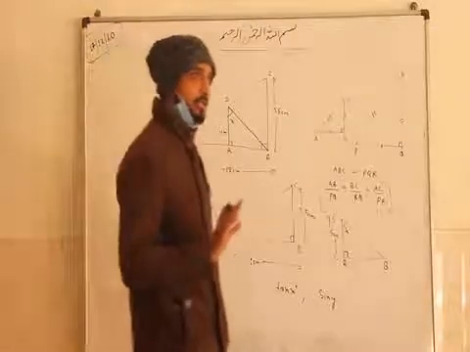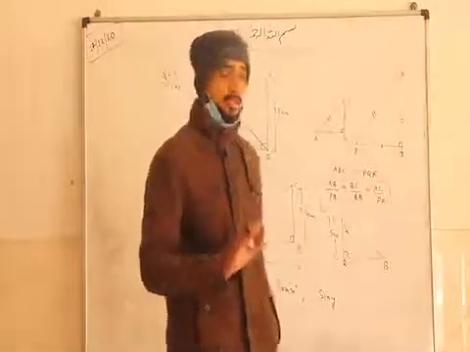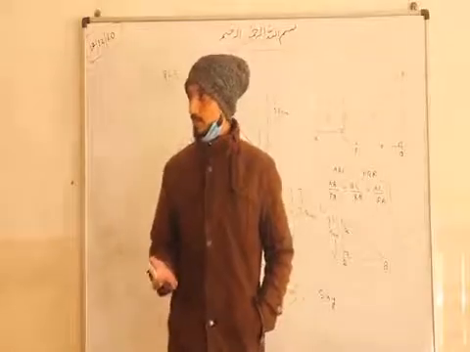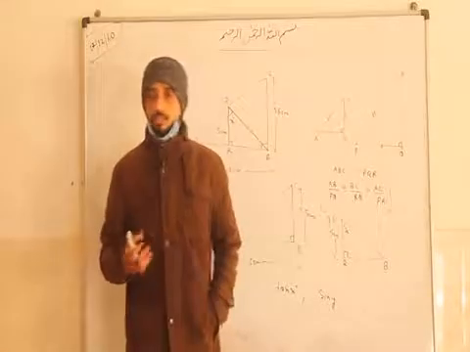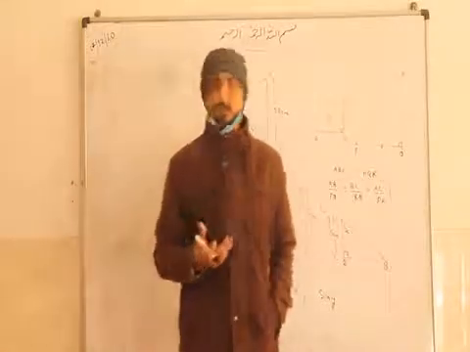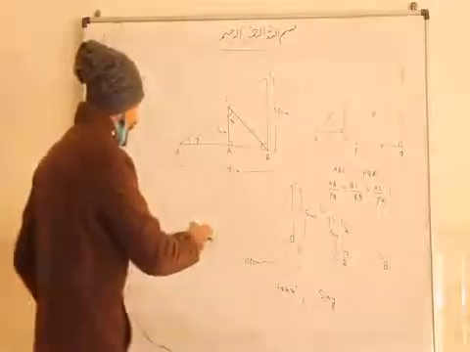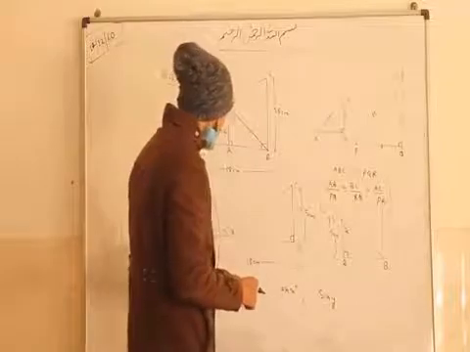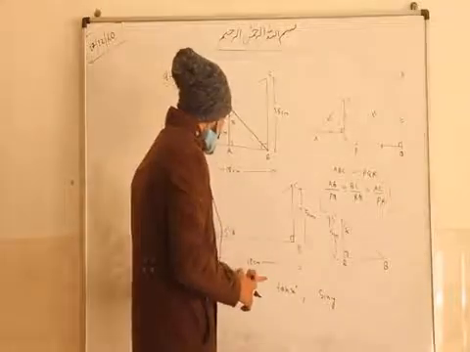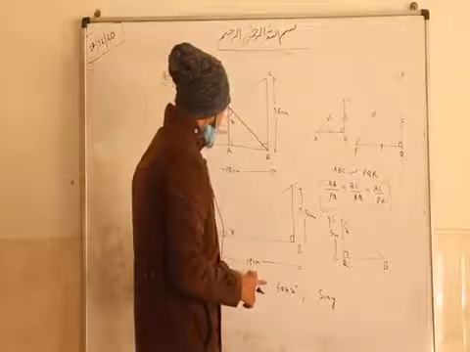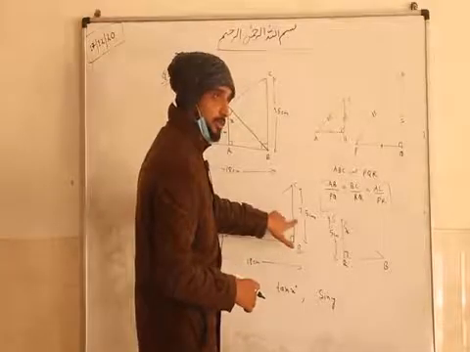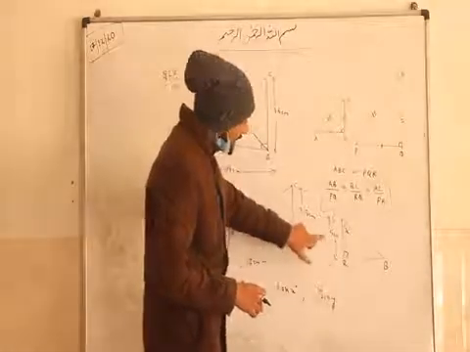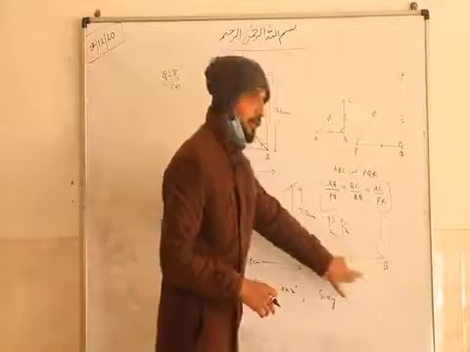Both triangles are right, are you getting my point or not? Both triangles are right, so they are similar. When they are similar, the ratio of their corresponding sides is equal. By using that concept, we will find RB. In this triangle, this is the base and this is the perpendicular.